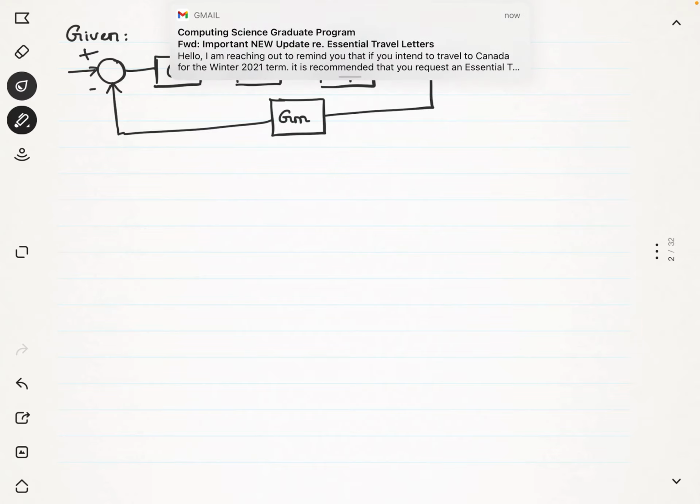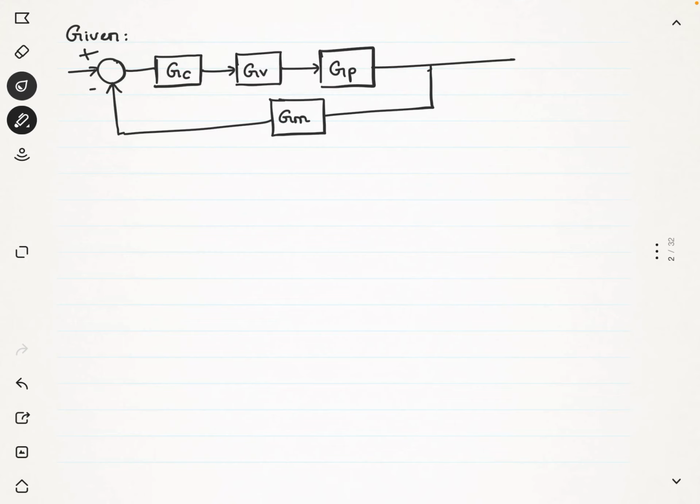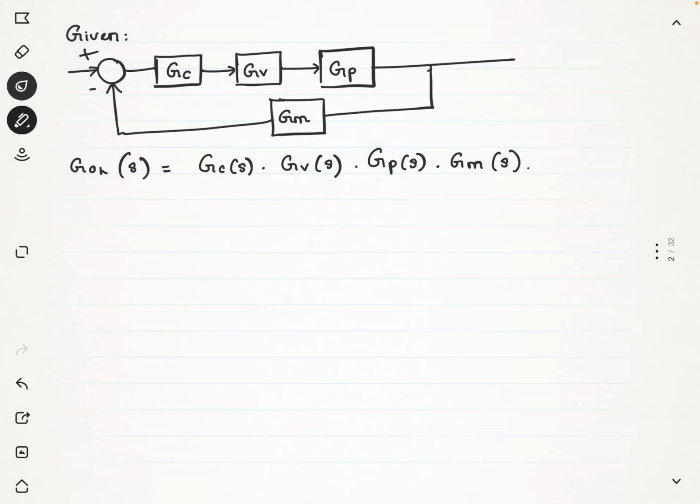And now if I write the open loop transfer function, G open loop, it is just going to be the product of all the blocks: GC(s) into GV(s) and so on.